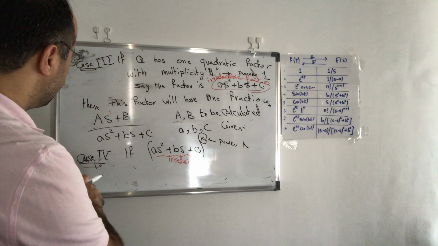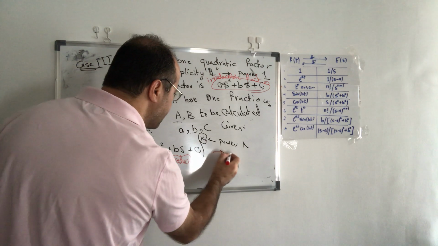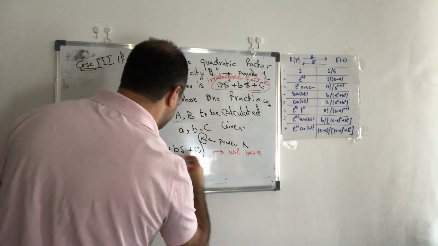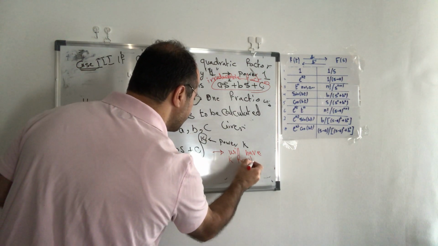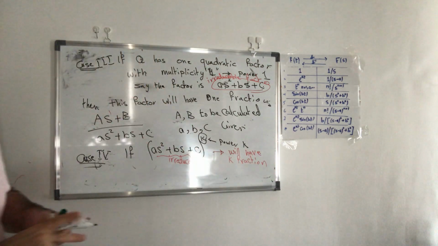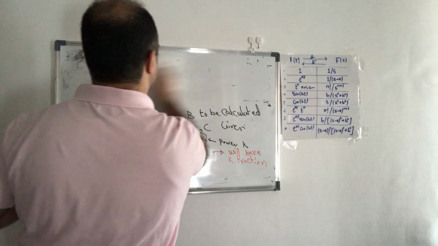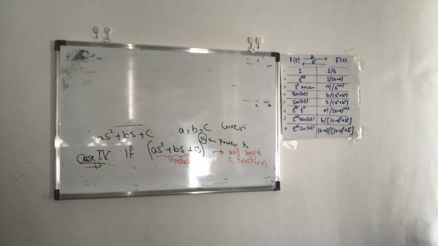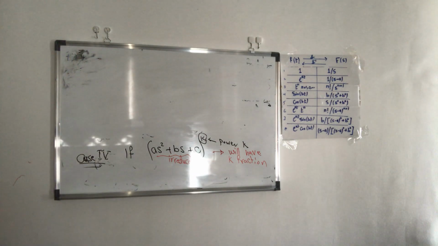If you have this, then what will be the fractions? Then this will have k fractions. And you know the story, just to tell you what will be the fractions, very fast. So I'm going with case number 4, yeah? Case number 4, I'm going to write them up here.